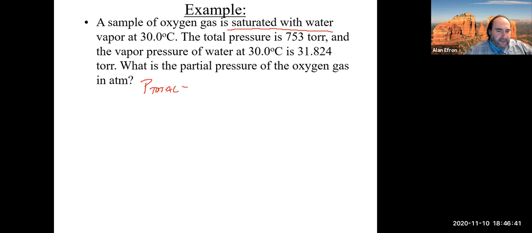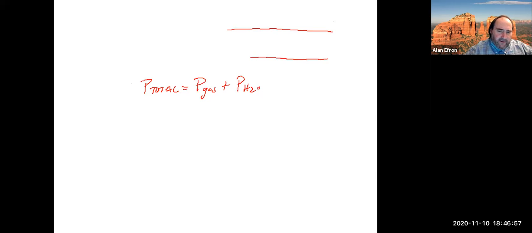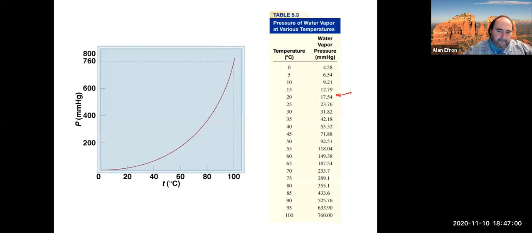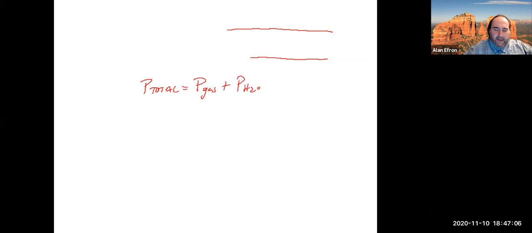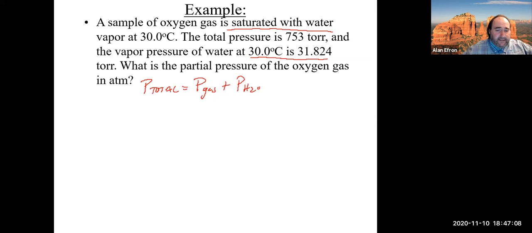We have the total pressure is the pressure of the gas we're interested in, plus the vapor pressure of water at that particular point. In this case, we are looking for oxygen gas, and we looked up the value at 30 degrees Celsius. That value would come from a table such as the one we see here. And we basically have everything we need.